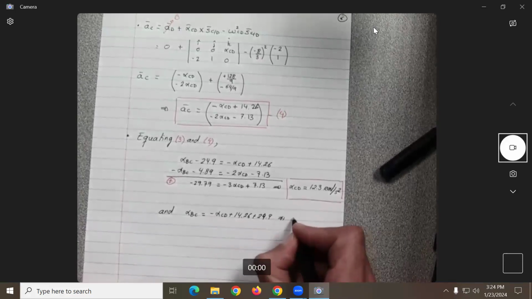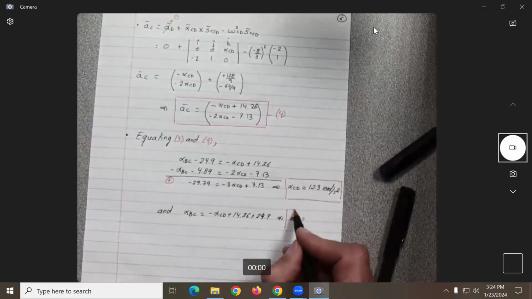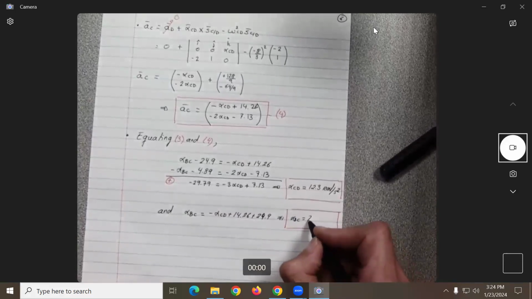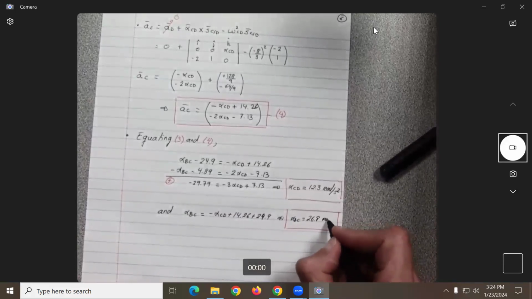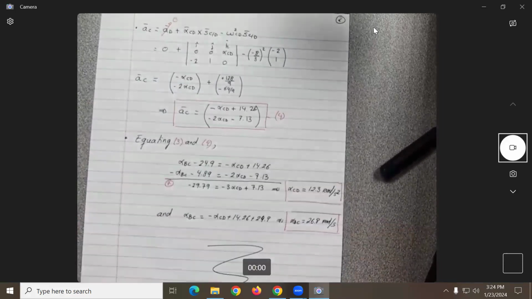This will give you an alpha BC of 26.8 radians per second squared, correct.